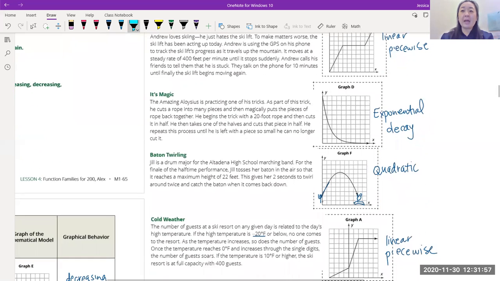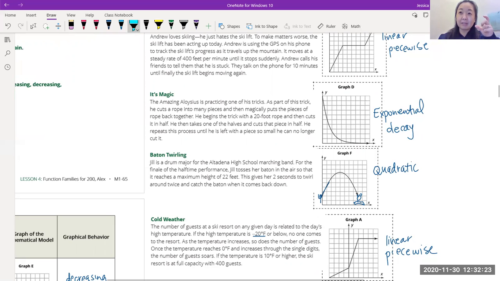And then here's our baton, Jill, our baton drum major person. Here she's throwing it and it goes here. Oh, this is actually not the baton throw. This is Angry Birds. So Angry Birds is also quadratic, because if you notice the curve, it goes up and then it curves and goes down. That was my little slingshot right there, and there's my bird.